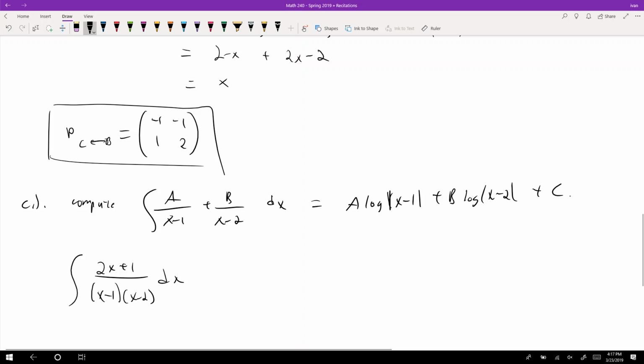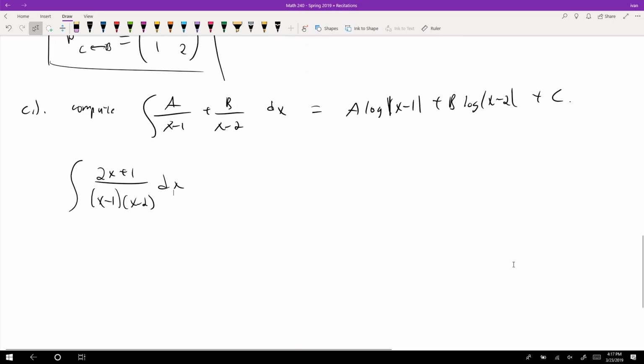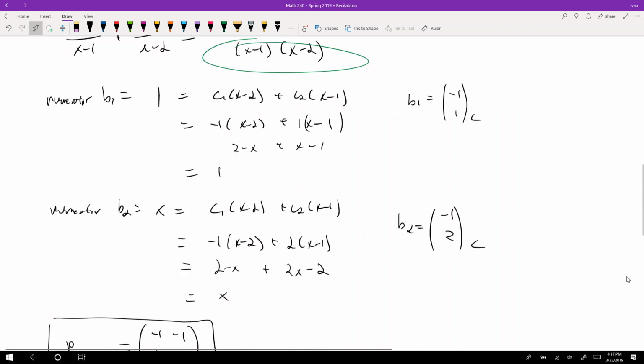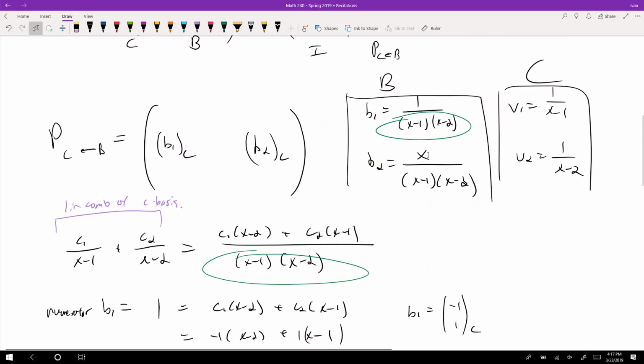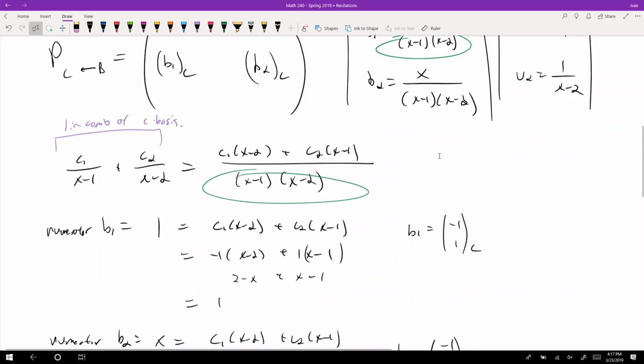Okay, so how are we going to convert this into one of those matrices? Multiply the vector by the change of basis, like the P. What we have here is that this vector is written pretty clearly in terms of the B basis. If we go back up to the B basis, it's 1 over x minus 1 and 1 over x minus 2.